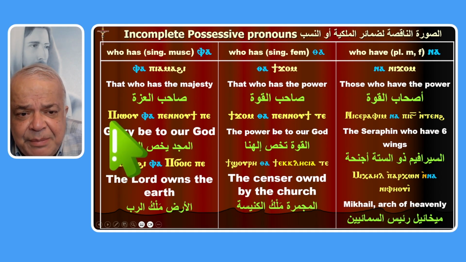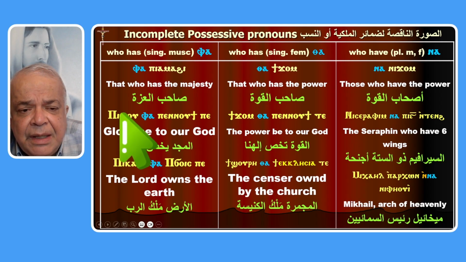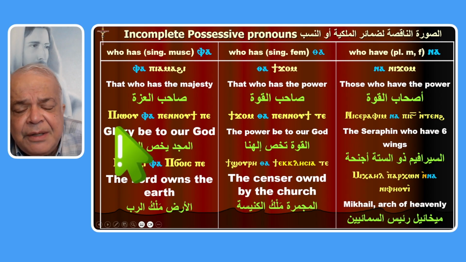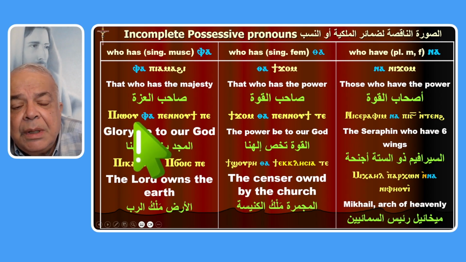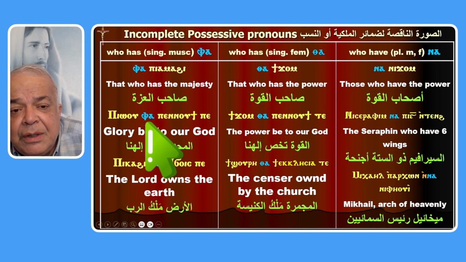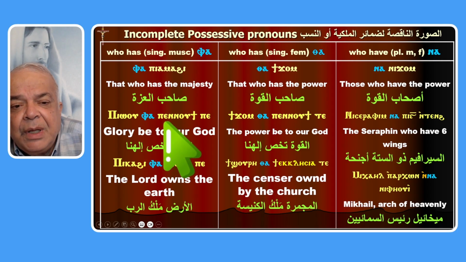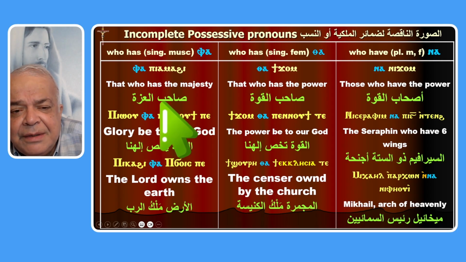See how simple it is in Coptic? P-O, P-iota, the for masculine singular, O, glory. Fa, related to or belongs to. Pen, our. That's another possessive article here.